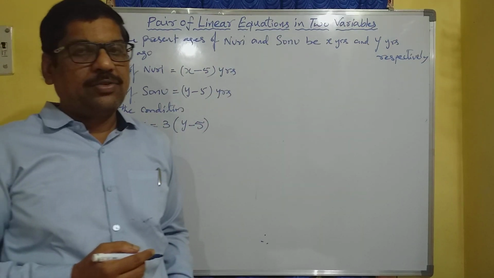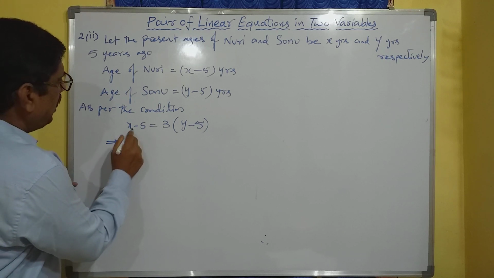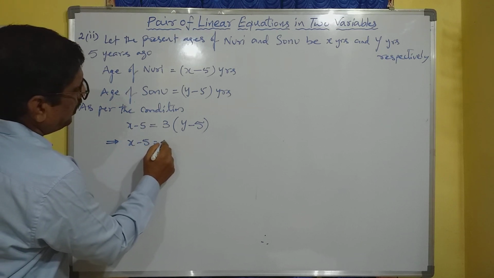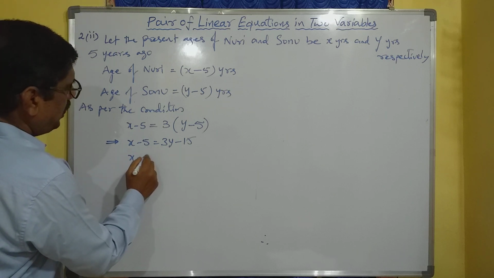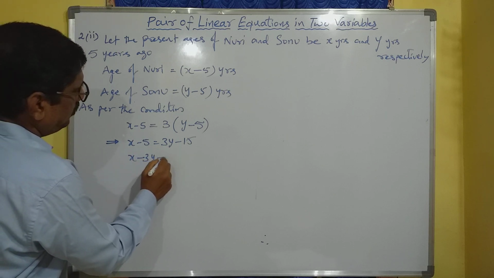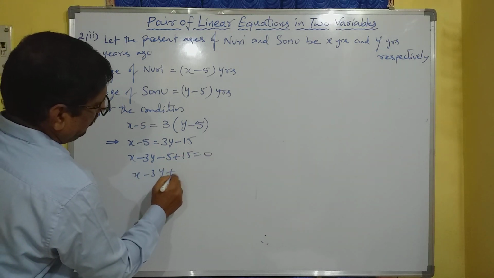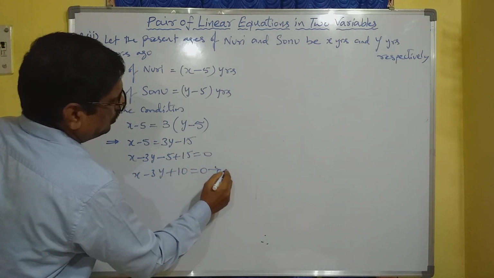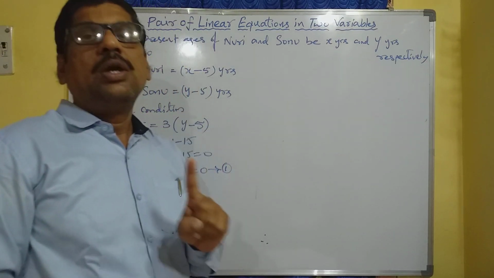Now x minus 5 is equal to 3 into y minus 5. Let us simplify this. x minus 5 is equal to 3y minus 15. Taking the terms from RHS to LHS, we get x minus 3y plus 10 is equal to 0. This is the first equation. We have got the first linear equation in 2 variables.